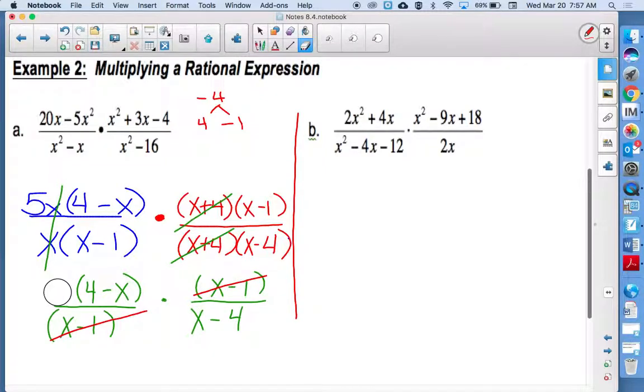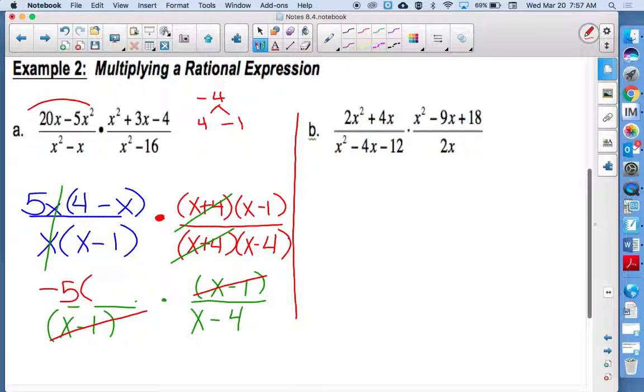If we take out a negative 5 instead of a positive 5, so up in my original problem, if we take out a negative 5, that makes this a positive x and this a negative 4. So 20 divided by negative 5 is negative 4. Negative 5 divided by negative 5 leaves us with a positive x.